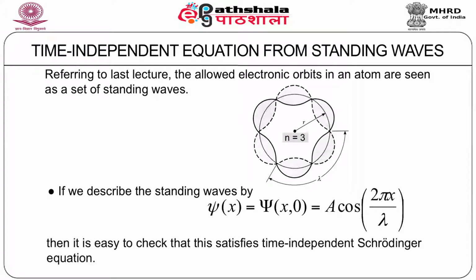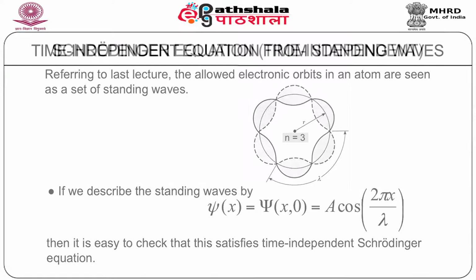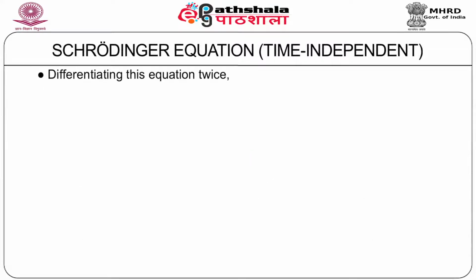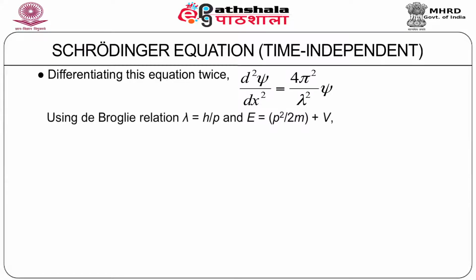If you can realize this, then this will provide you an easier method of coming to the Schrodinger equation. So what you do is you differentiate this equation twice. You get the first equation on the top of the screen, and then use the de Broglie relation lambda equal to h by p, and E equal to p squared by 2m plus V. These are the two equations which you already know, the de Broglie relation and the energy-momentum equation for the electron.